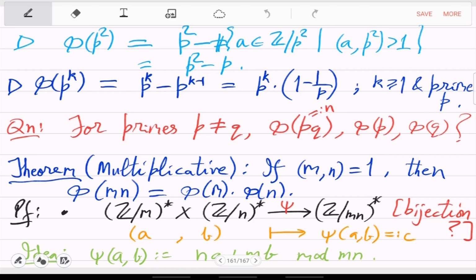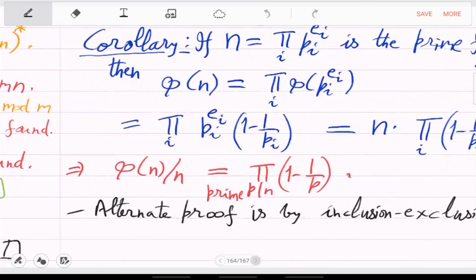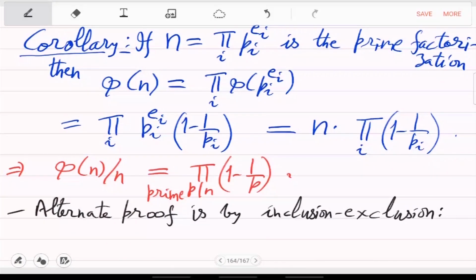How many numbers share factor p? That is pq by p, so that's q, and symmetrically the number of numbers that share factor q is p. That's how you can write this expression down.